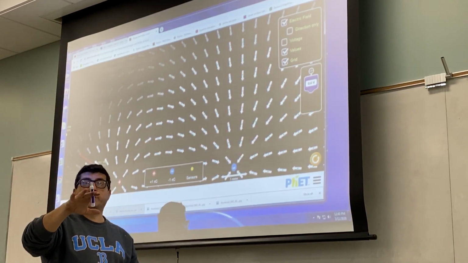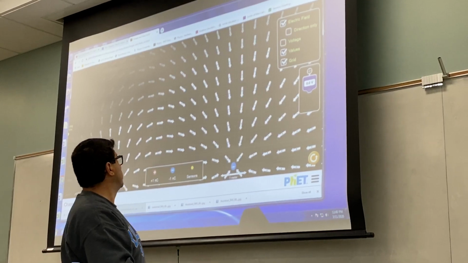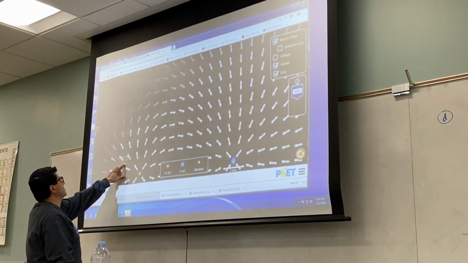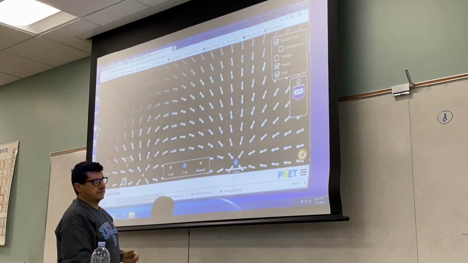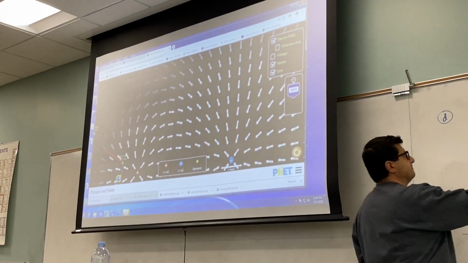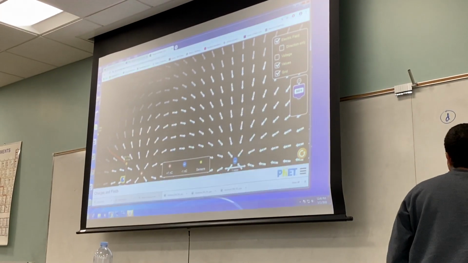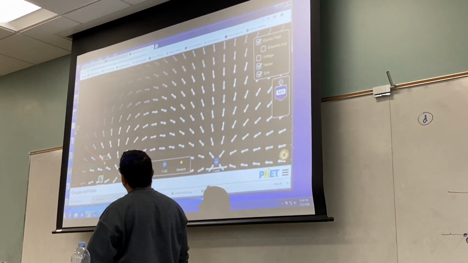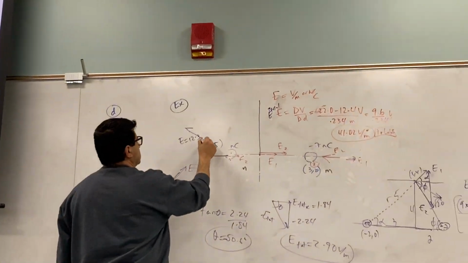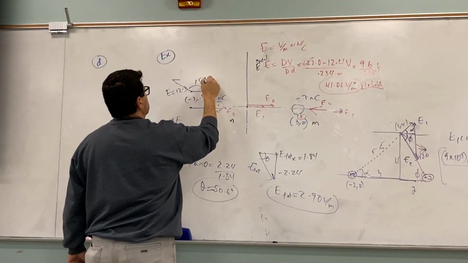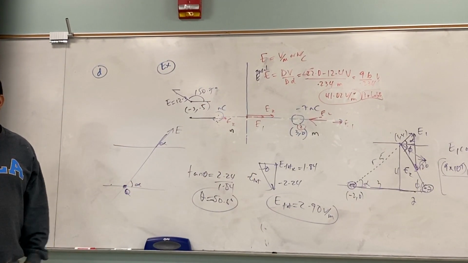It doesn't matter. We just found the electric field at this point, we didn't even find the force. So the app is telling you the electric field is 12.3 volts per meter, and then the angle is 150.7 degrees. So see if you can get that.